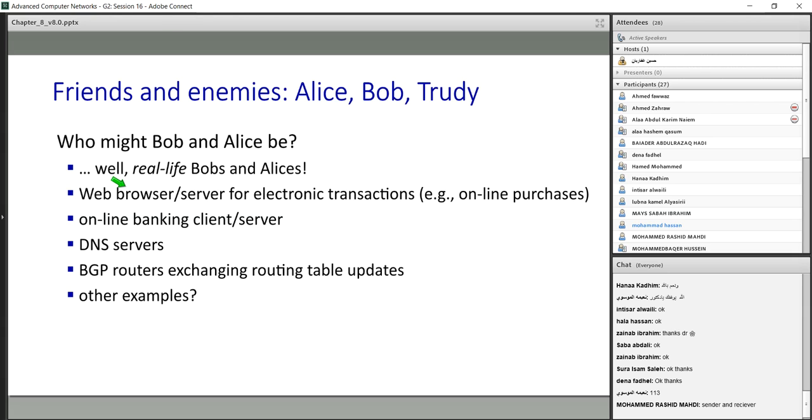Bob or Alice can be a web browser and a web server. This platform here, my Adobe Connect, I'm connecting to a server. So my Adobe Connect client can be Alice or Bob, and the server on the other side, the Adobe Connect server, can be Alice or Bob. Maybe, for example, my brother.